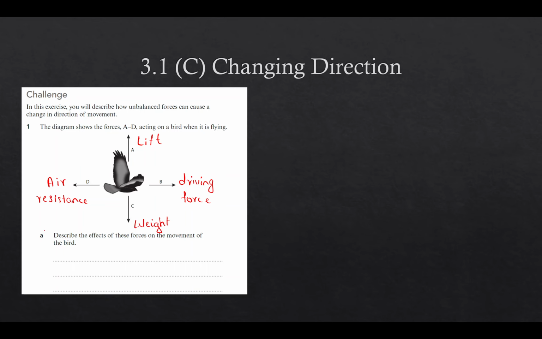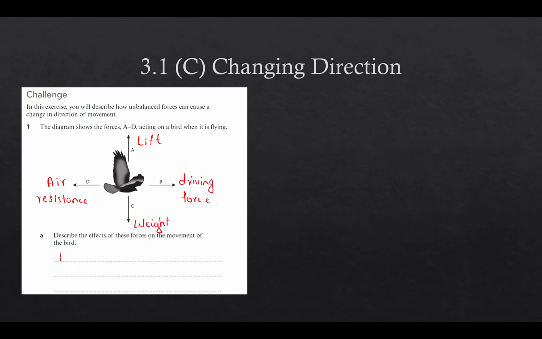Now in the A part of the question, we have to describe the effect of these forces on the movement of the bird. Let's look at these forces. Let's say force B and force D are of the same size and it's in the opposite direction. That means these two are balanced. Similarly, force A and force C are also balanced. If force B and force D are balanced, then the bird will move with a constant speed. And if force A and force C are balanced, then the bird will move at a constant height.